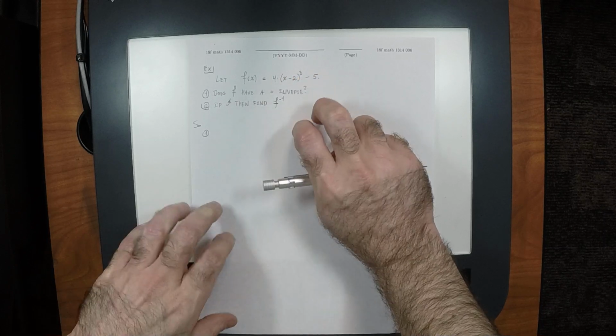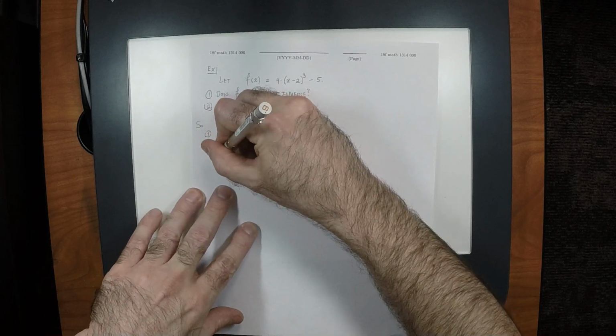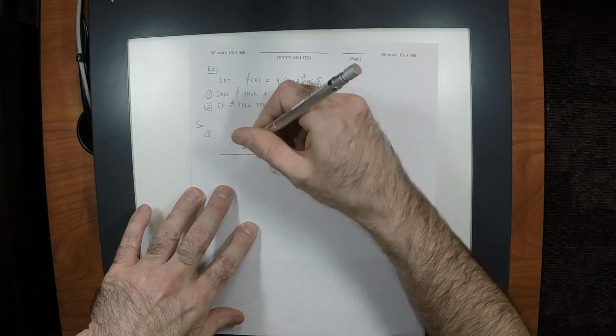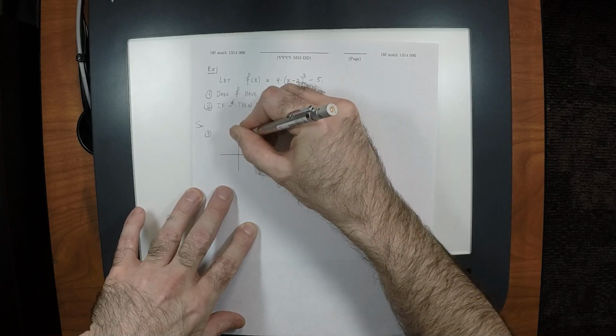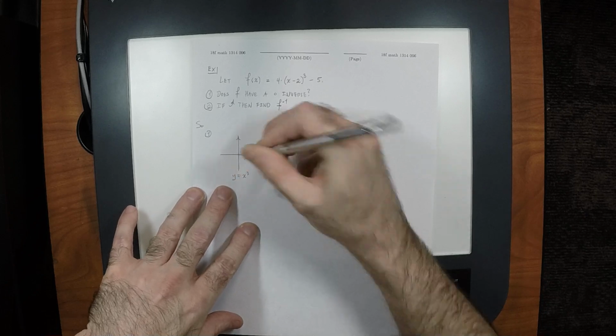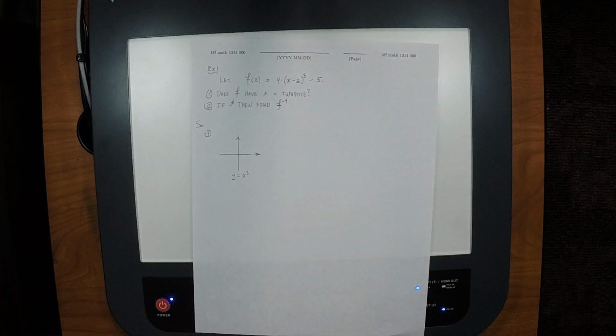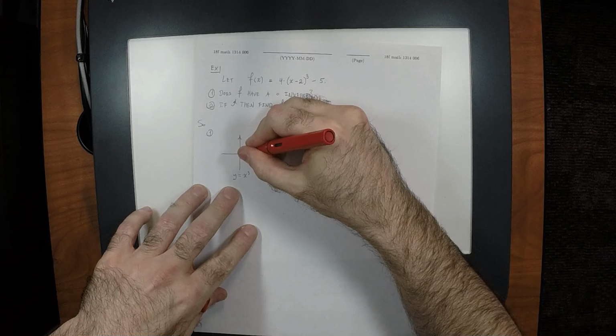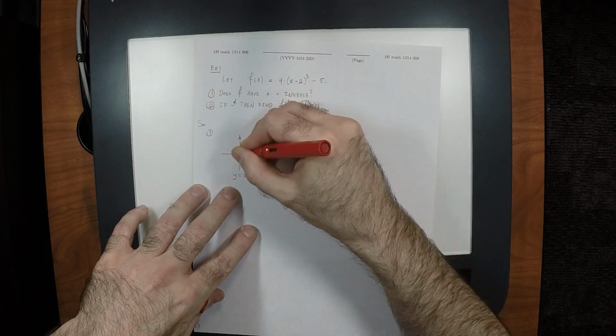So what does the plot of y is x cubed look like? This is something that you're expected to know. How's it look? Yeah, kind of like a parabola, but not, right? Because its left arm is going to be down instead of up. Something like that.